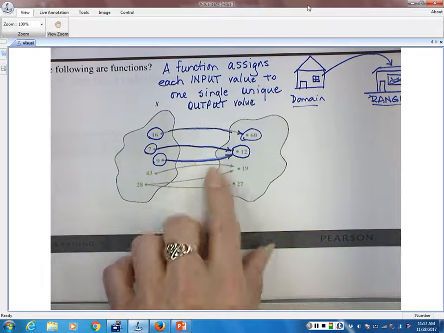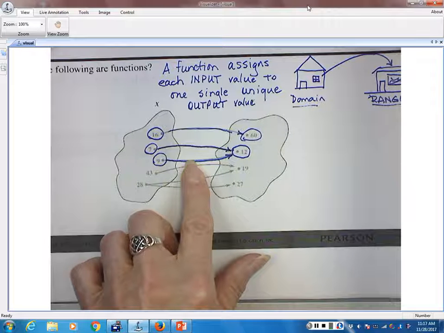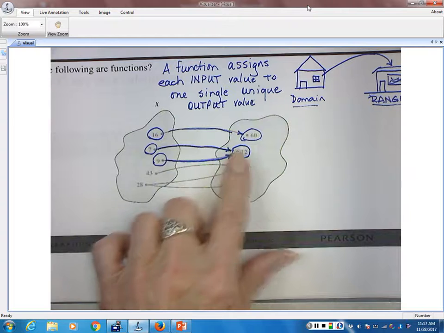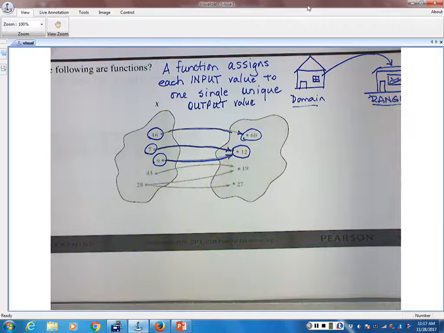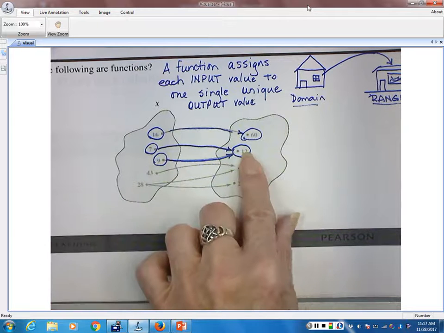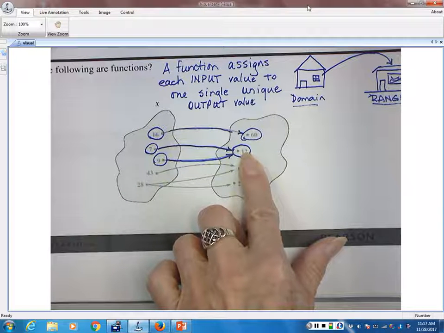This does not mean that this is not a function at this point, because 7 went to 12, but 9 also went to 12. If the journey was the function I'm going to school, 7 and 9 go to the same school. And that school is unique to them, to each of those two people.